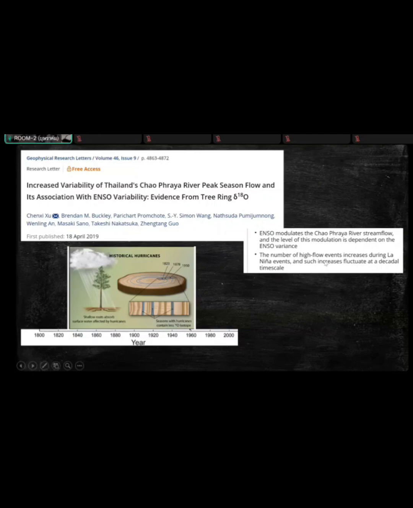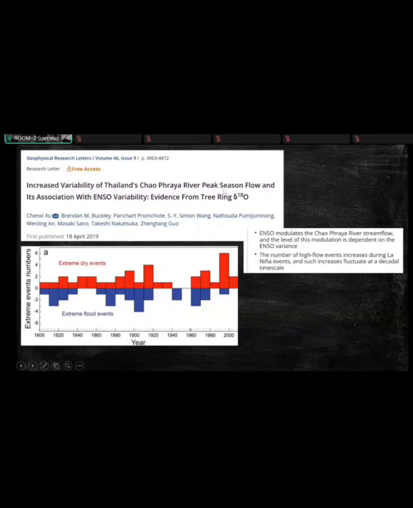It means we have a stronger ENSO-Thailand connection. The second point is that the number of high flow events, which has implications for flooding, increases during La Nina events. So that increase fluctuates at the decadal time scale. Referring to the Chao Phraya River, you can see that from 1800 to the present time, the tree ring data is showing more and more extreme dry events.